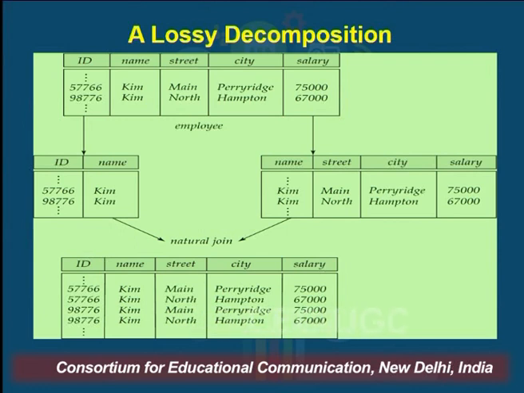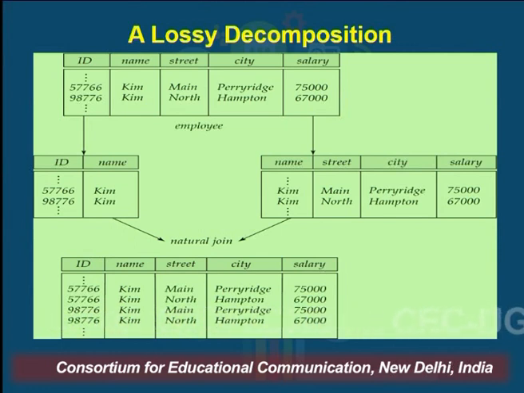We can have a common name, but these two Kims in the combined employee relation have IDs 57766 and 98776. So these are certainly two different employees whose name is similar. Street is definitely different, city is different, and so is the salary.